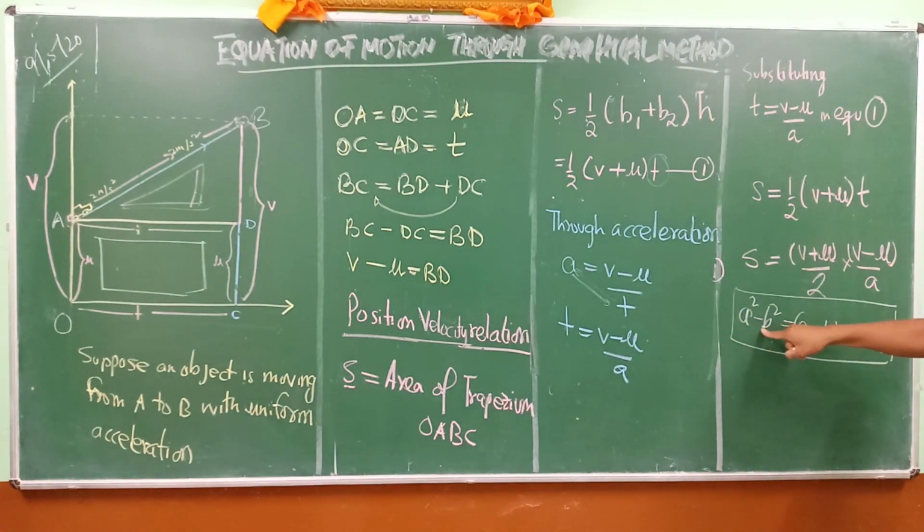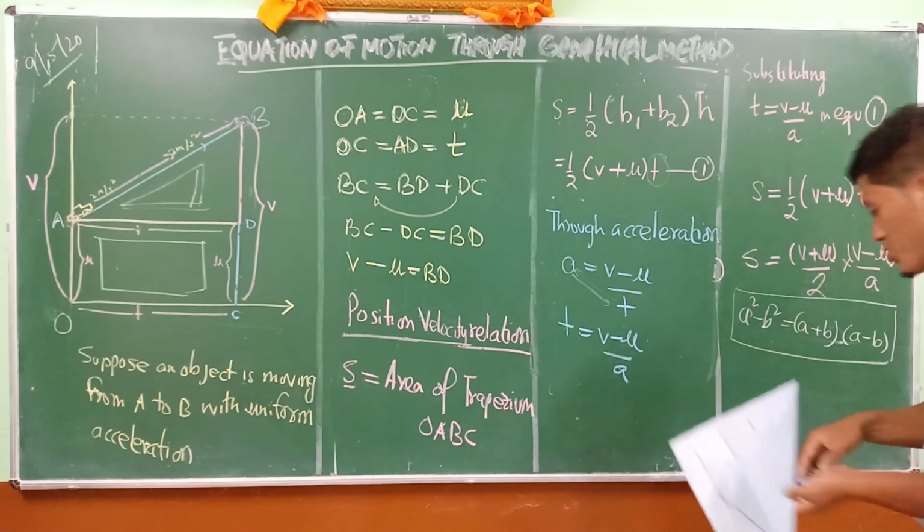A square minus B square is equal to A plus B, A minus B. Now in this case, keep A as V. V plus U, V minus U. Is it saying A plus B, A minus B? So instead of writing V plus U and V minus U, can I write V square minus U square like this one over here? I can also write the same thing here.